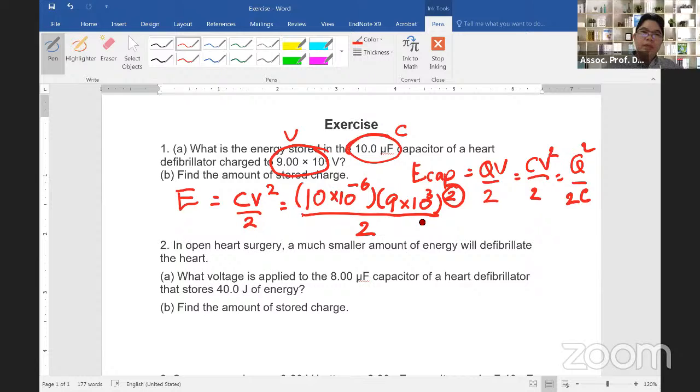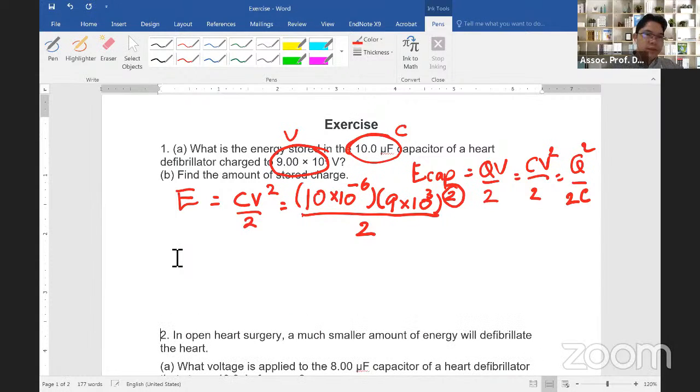So B, find the amount of stored charge. So you try to calculate Q. E equals QV divided by 2, right?